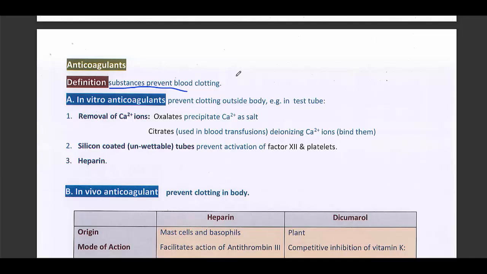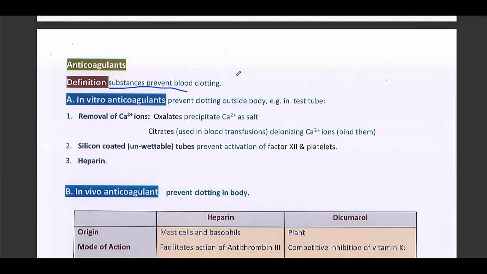There are two types of anticoagulants. In vitro means outside the body, and in vivo means inside the body. Let's start with in vitro anticoagulants.